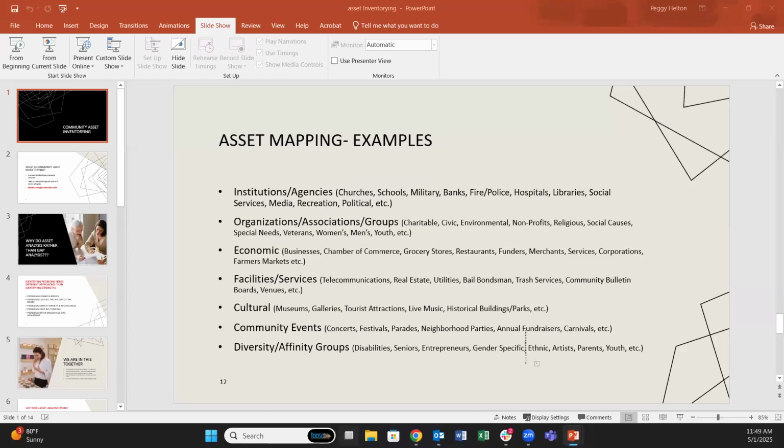Peggy, there you go. If you're doing asset mapping, some of the examples I've seen is that folks will look at what institutions or agencies are available in their service areas. So it might be churches, schools, and I'm using these as examples, not because this is an exhaustive list.